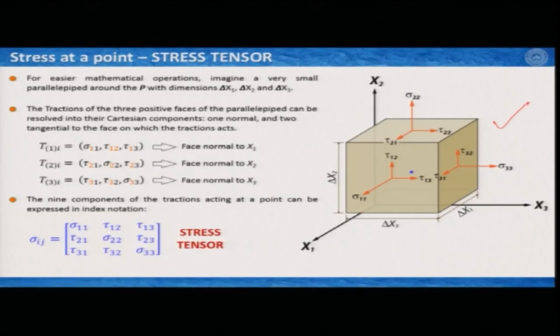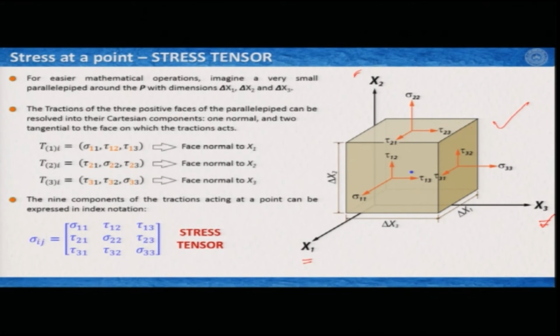We have this reference frame in Cartesian coordinates x1, x2, and here is x3. This blue dot here is the point P, and we have considered 6 planes. On the positive side we are now seeing 3 planes, and of course there are 3 planes on the other side.